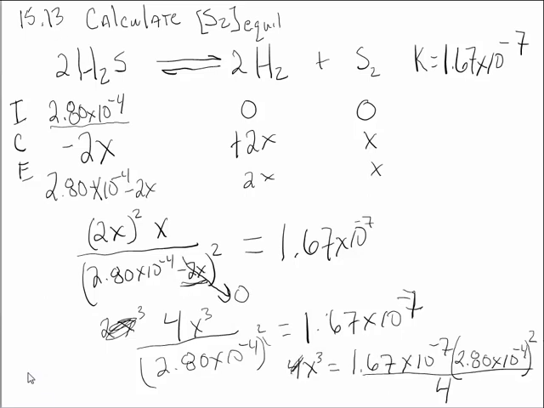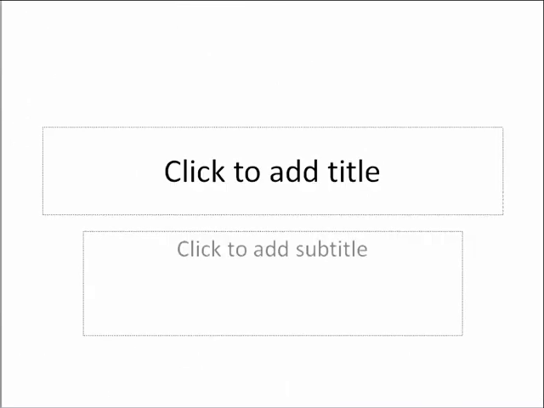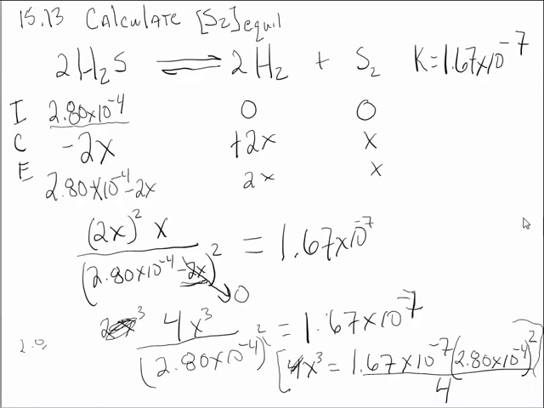Now there's going to be a big jump here because I just went through and did the steps. I essentially multiplied both sides by 2.8 times 10 to the minus 4th, and then I divided through by the 4 here, and this is what I get.